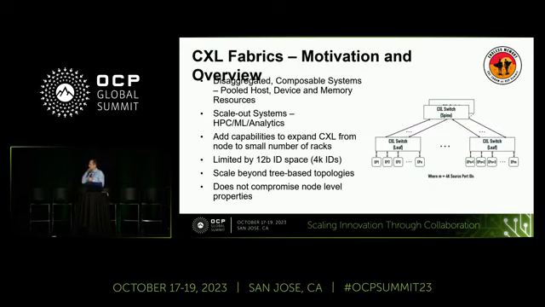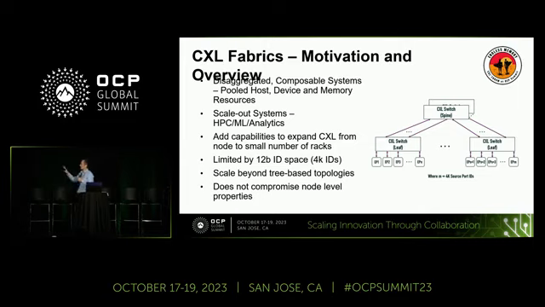Let's start off with an overview of what we set out to accomplish when defining CXL Fabrics. There are a couple of key use cases that we wanted to go after. I'm sure you've heard before that memory disaggregation is following a similar trajectory to what happened with storage in the past.